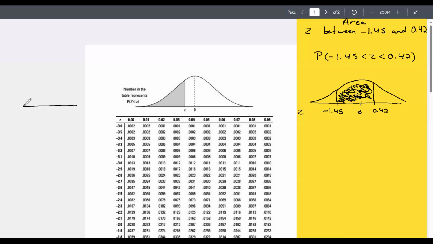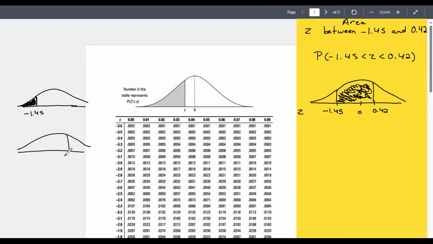Oops. Let me draw that again. I'm going to draw my little curves here. If I look at my z-score of negative 1.45, I'm going to get this area.